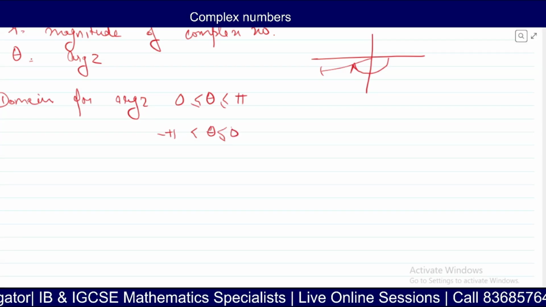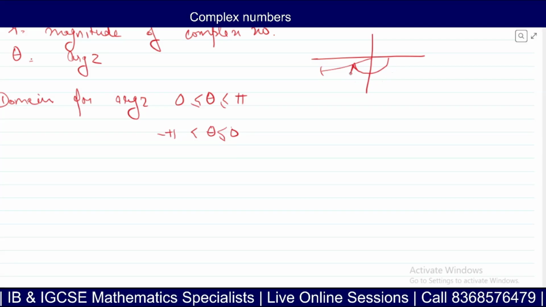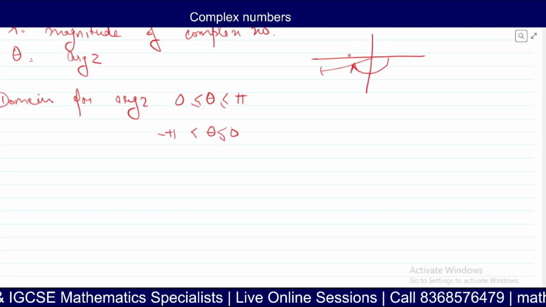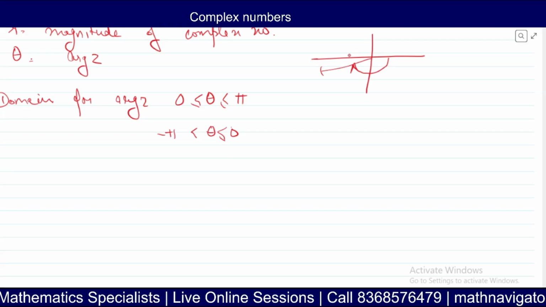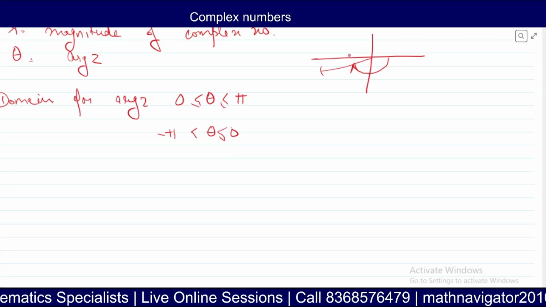Clear? So now when the angle is here, I'll take the negative angle, and if the angle is in the first and second quadrant, I'll take the positive angle. When we'll do some questions, you will understand it better. Perfect. So this is what it is all about.